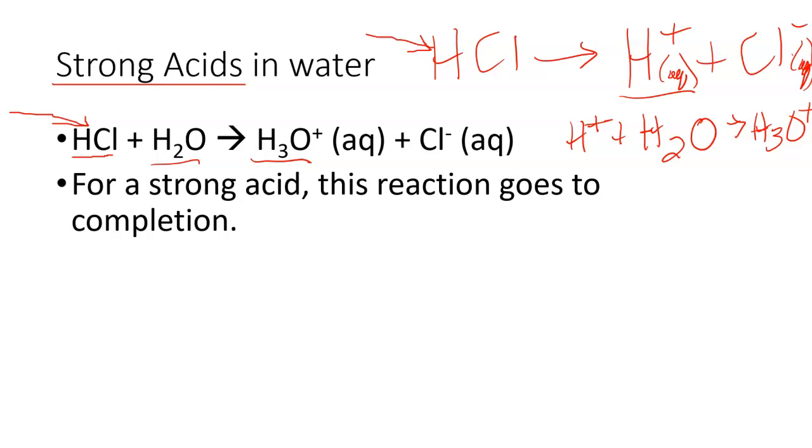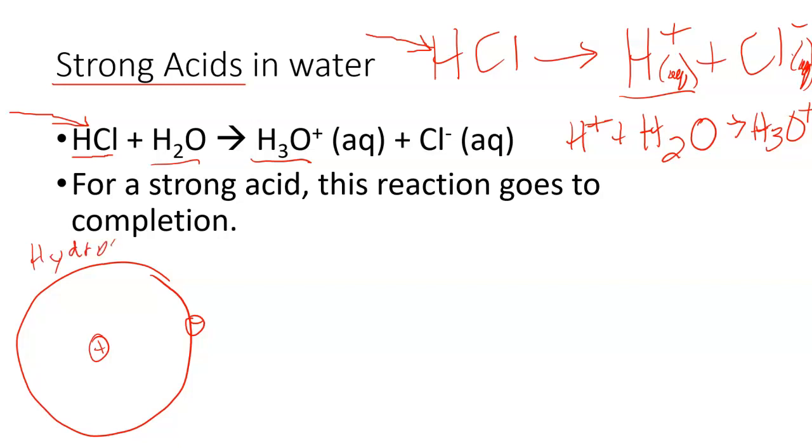If you think about what H plus is, a hydrogen atom, we have our proton in the nucleus, we have our electron outside of it. So this is our hydrogen atom. When the hydrogen atom loses this electron to become H plus, it is just that proton.